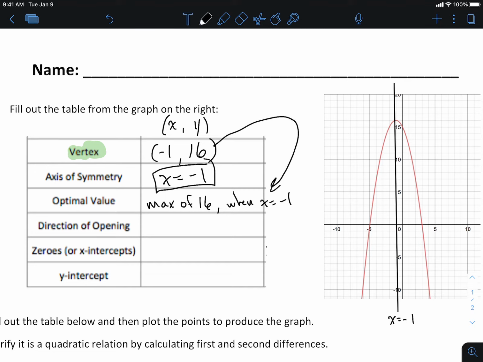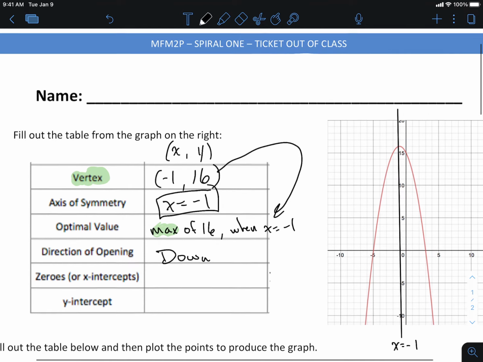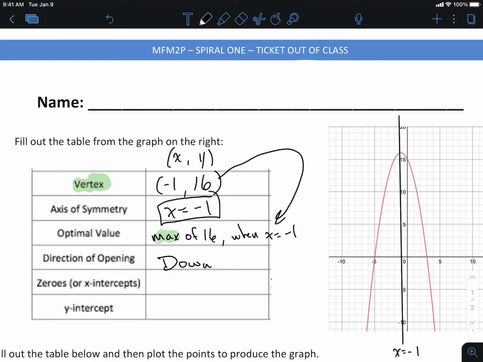Okay? And I suppose the only tricky part is deciding is it a maximum or a minimum? Most of us were good. It's frowning. Okay? So we're going to say down. And I suppose, just for yourselves, you could say frown, down, max. Smile, up, min.